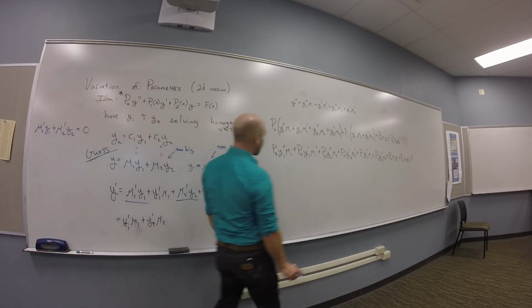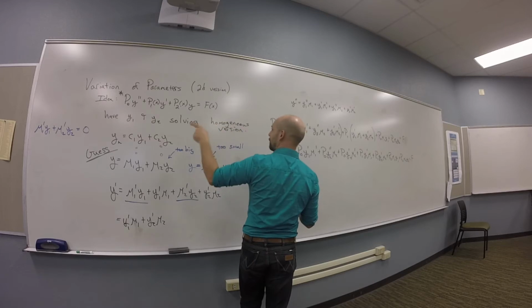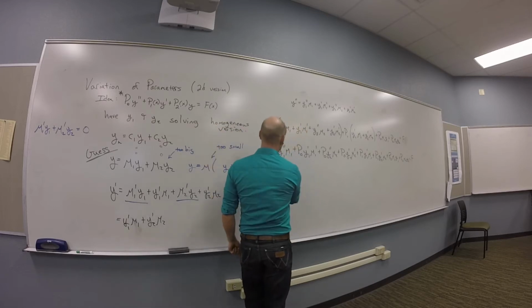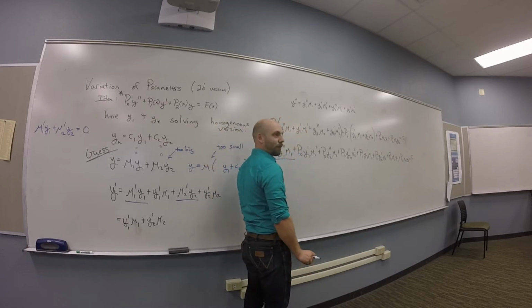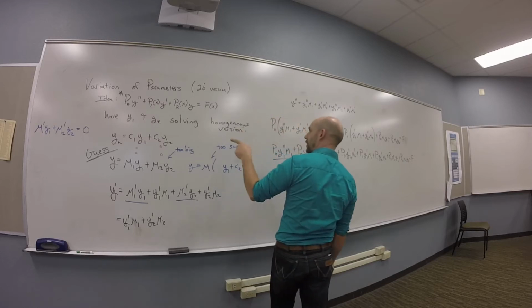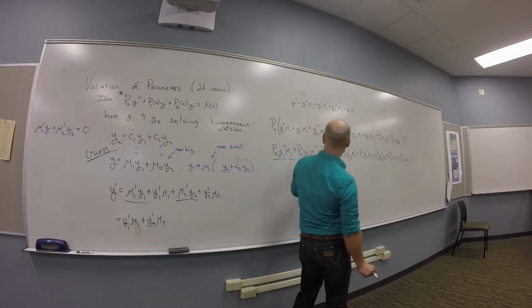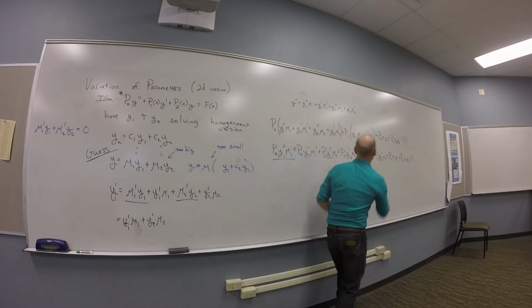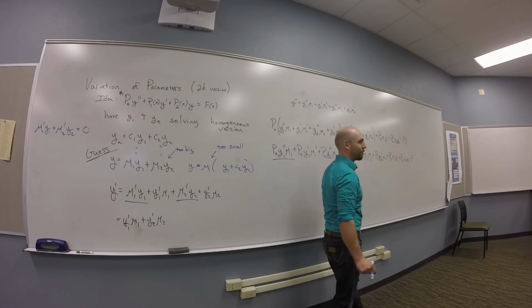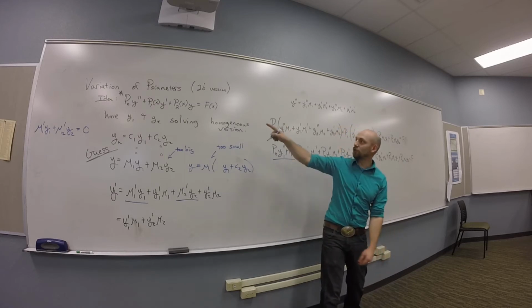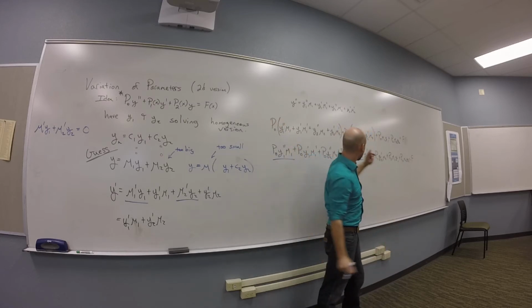So the homogeneous version of star should look like P naught y double prime. There's a P naught y1 double prime. Is there a P1 y1 prime somewhere? Yes, P1 y1 prime. And then is there a P2 with a y1 in it?